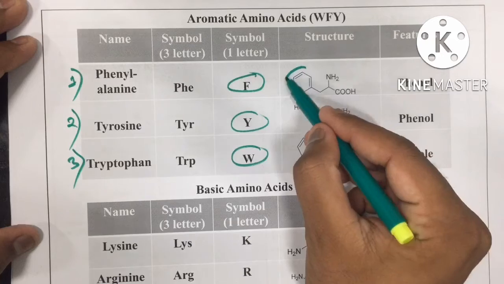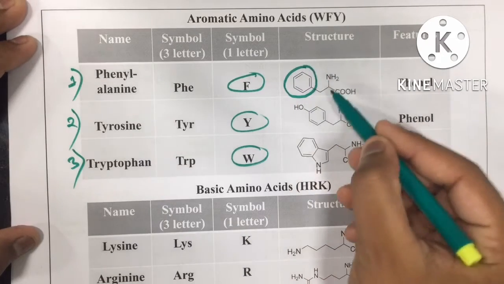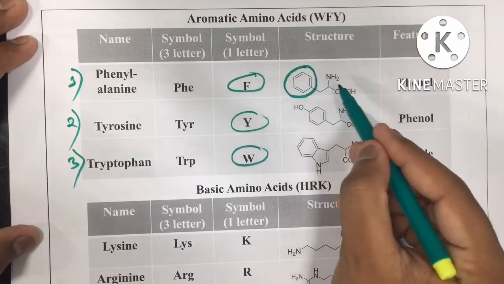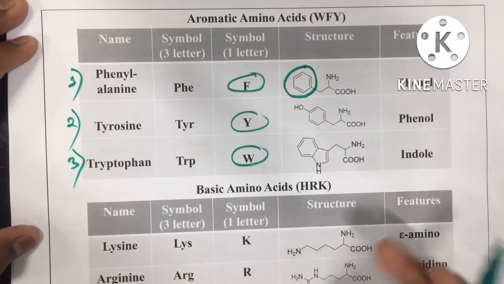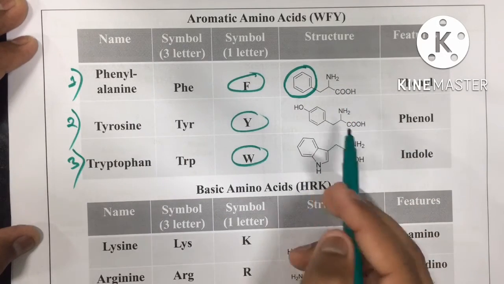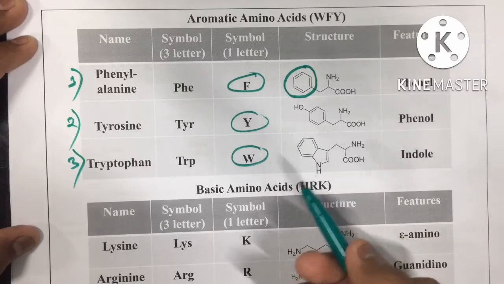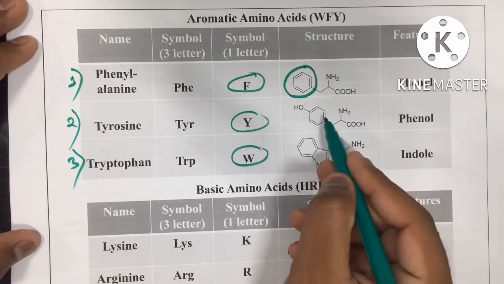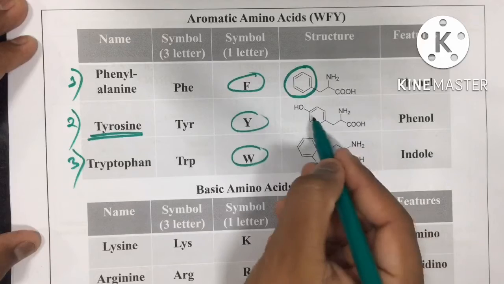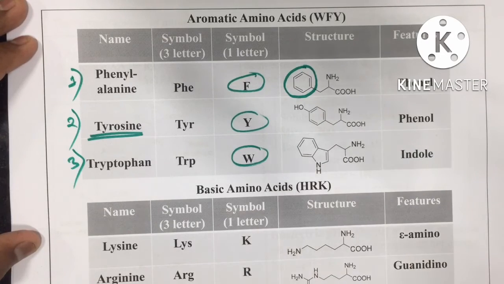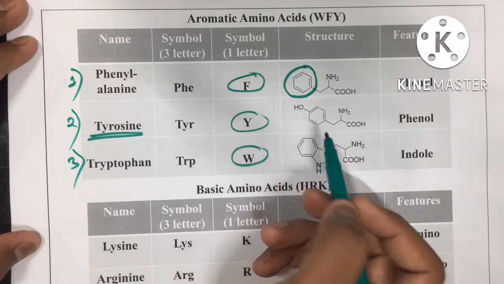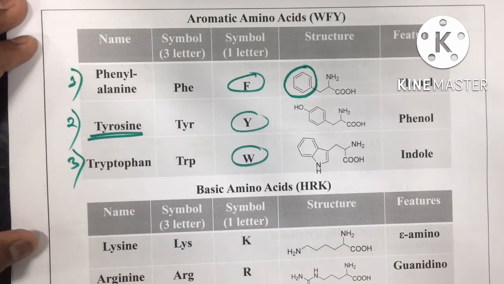Here is a phenyl group, and this structure is alanine, CH3 CH NH2 COOH, means phenyl and alanine combined in phenylalanine. Tyrosine is nothing but hydroxyphenylalanine, right? Means at the para position an OH group. The only difference between these two structures is the hydroxy group at the para position.